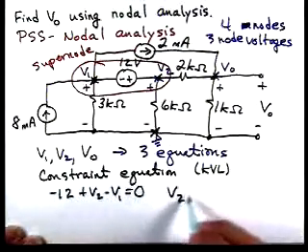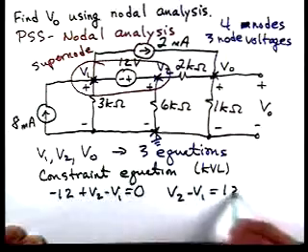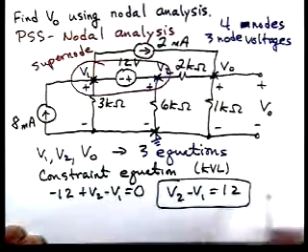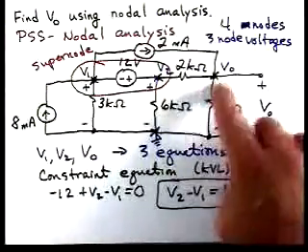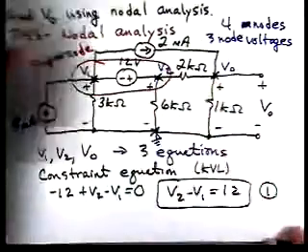So the constraint equation is V2 minus V1 equal to 12. So there's one of our 3 equations. Now we need to get 2 other equations. And if you look at our problem-solving strategy, we'll apply KCL at this node, and then we're going to have to apply KCL at the supernode.